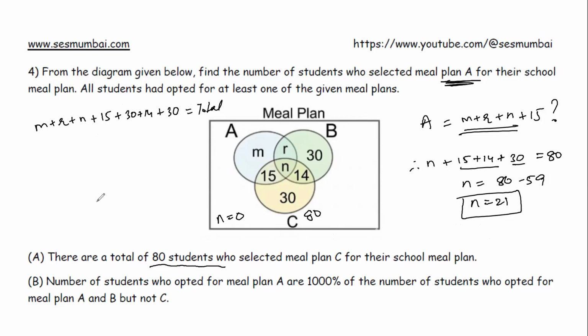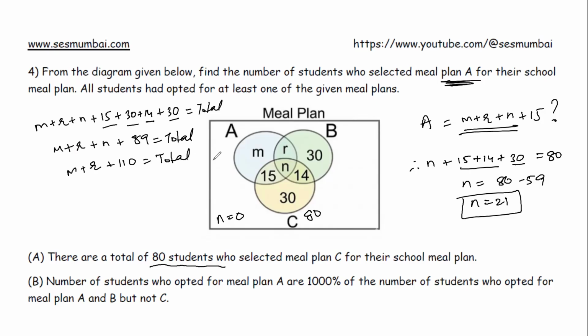So that is M plus R plus N, and then 30 and 30 is 60, 60 and 29 is 89. That's what we know, that M plus R plus N is... So N is 21. So we come to know 110.